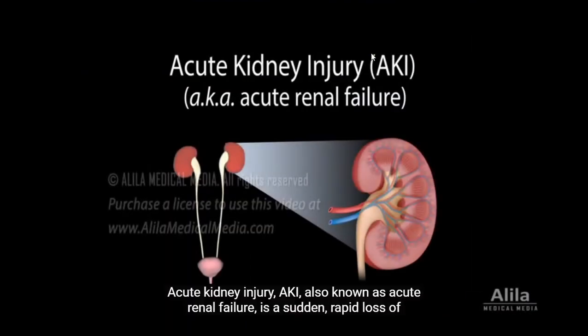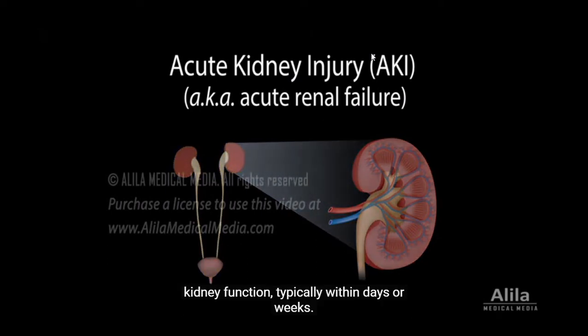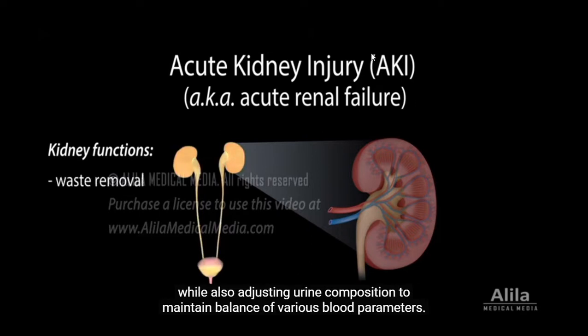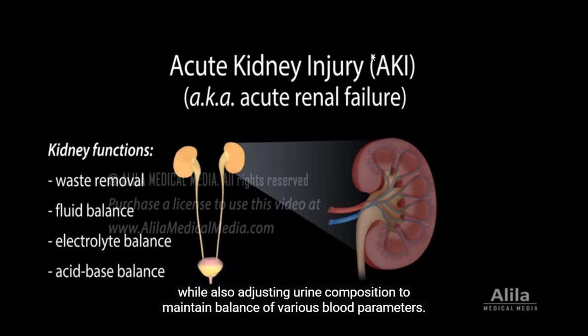Acute kidney injury, AKI, also known as acute renal failure, is a sudden, rapid loss of kidney function, typically within days or weeks. The function of the kidneys is to filter blood plasma, removing metabolic wastes in urine while also adjusting urine composition to maintain balance of various blood parameters.